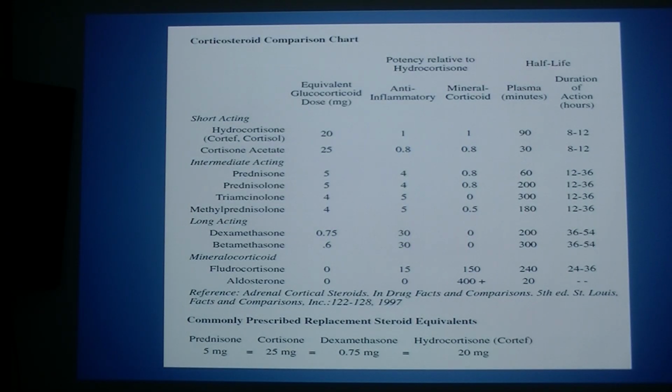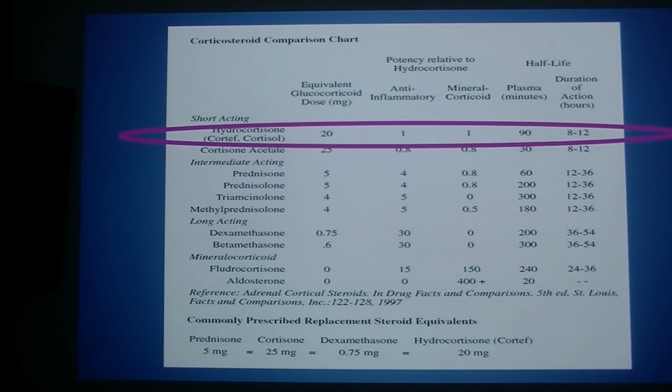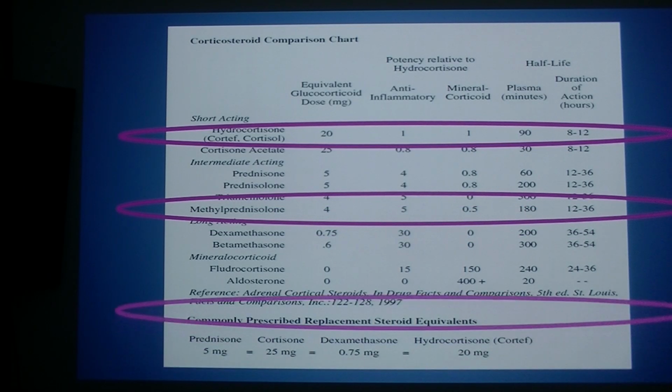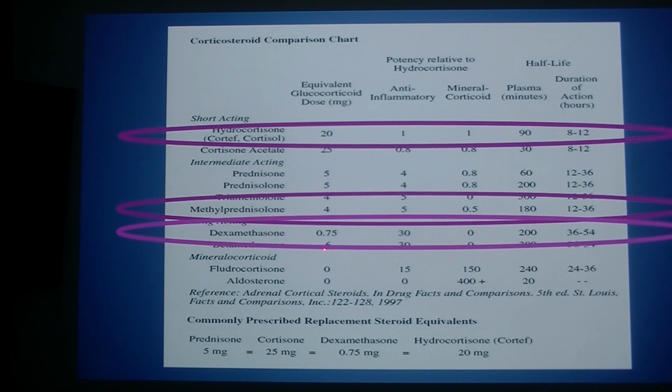So we're going to look at the steroid chart right now. So here we have Solu-Cortef versus Solu-Medrol versus dexamethasone. And this is the equivalent dose, mineralocorticoid properties, and the duration of action.